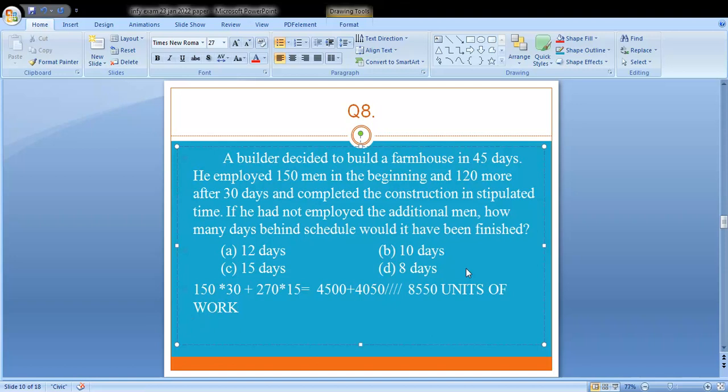Now what it is telling is, if I don't employ these 120 men, that means there are only 150 men till the end. So 150 into 45, that is equal to 6750.